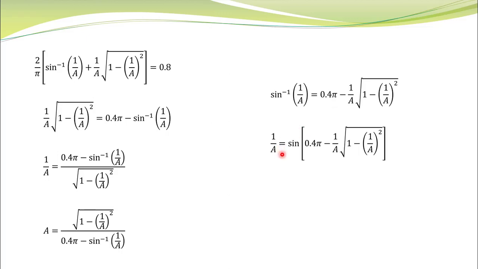You have 1 over a equal to sine of this expression, and then what is a? A is 1 divided by whole of this expression. Again you have an expression for a in terms of a. You will take an initial guess of a, substitute it over here, you will get a value of new a, substitute it again, and after some iterations you will converge to some final solution.